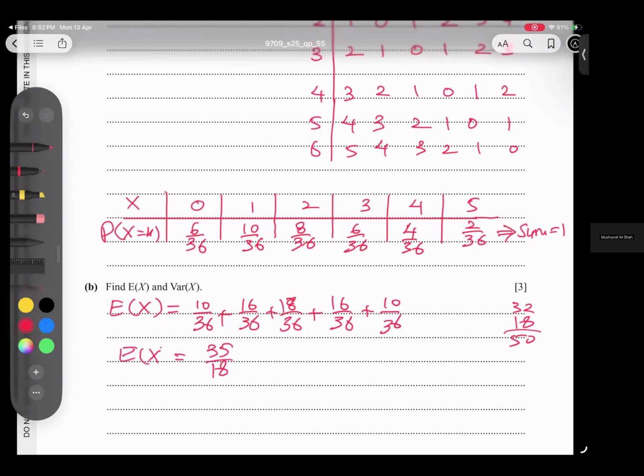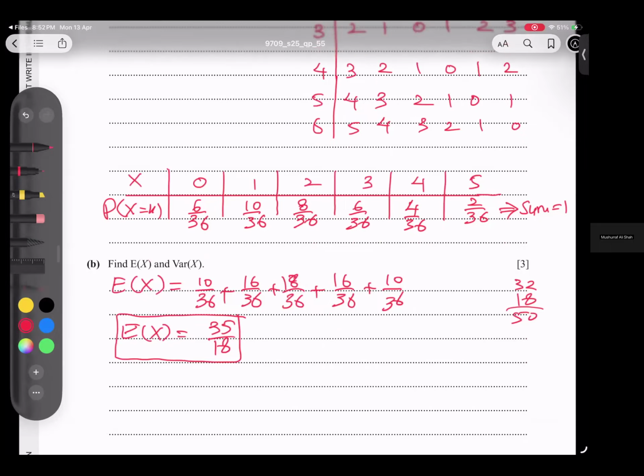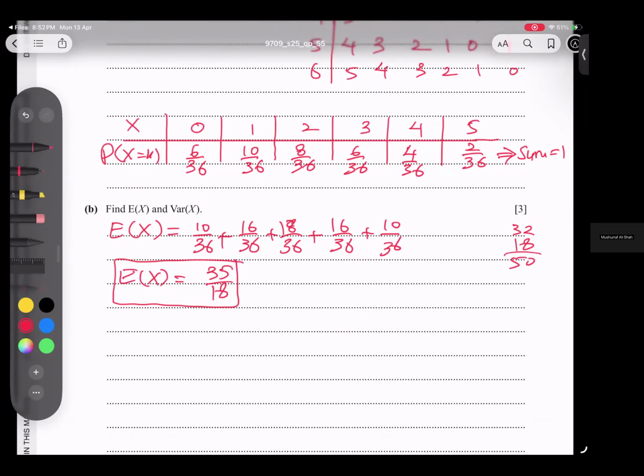First part is done. Alhamdulillah rabbil alameen. For the second part, he is asking for variance. So first of all, I'm finding E of X squared. What does this mean? It's almost the same story, just square of 0 multiplied, square of 1 multiplied, square of 2 multiplied.